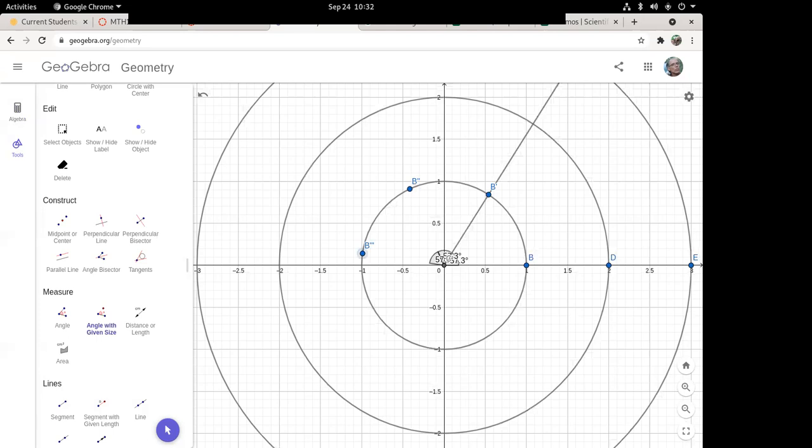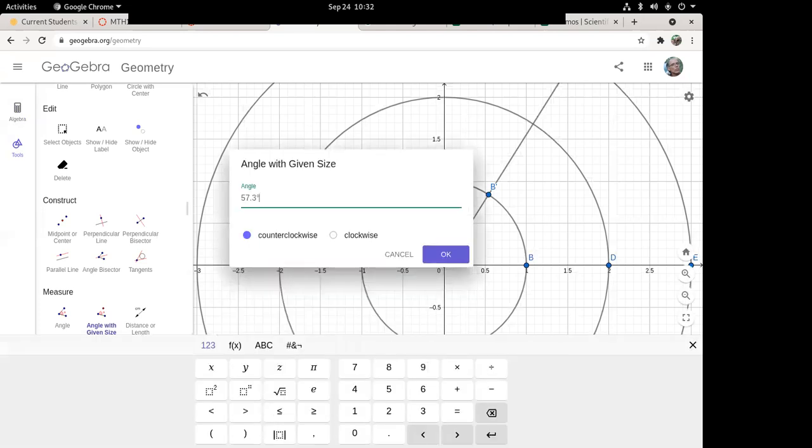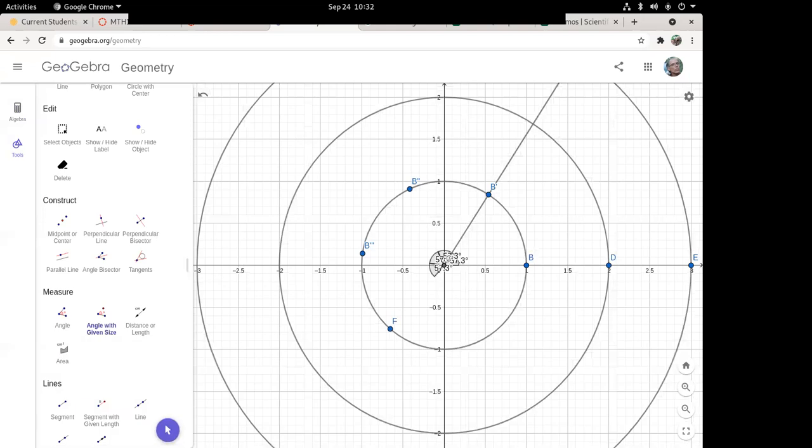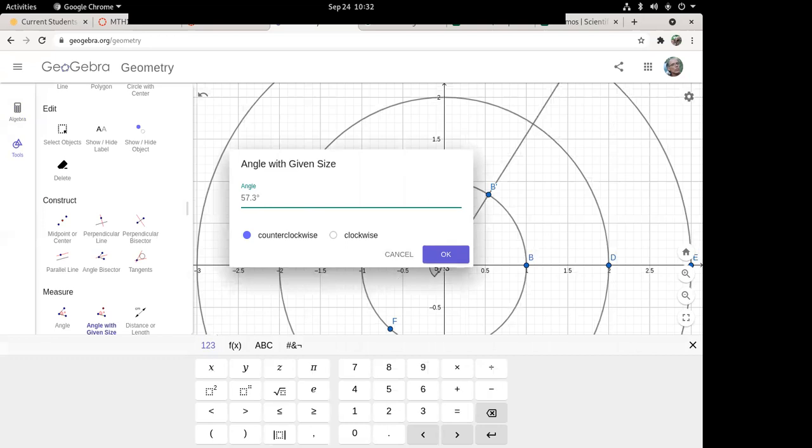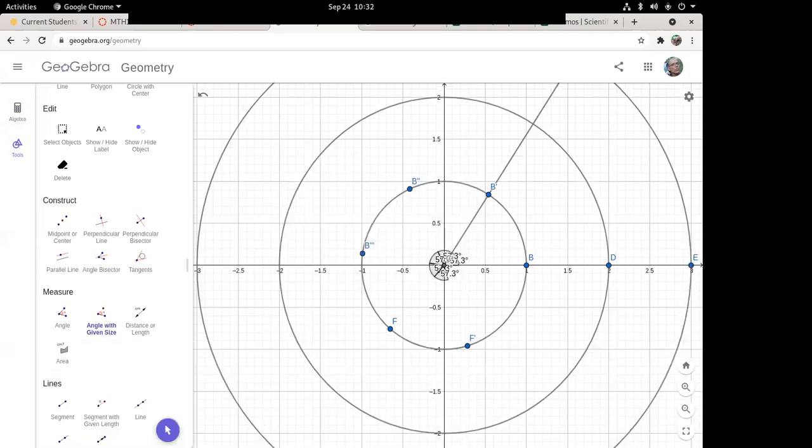I'm going to keep going. Yes, 57.3, which is about 1 radian, puts me here. And do it again. 57.3, which is about a radian. So there's 1, 2, 3, 4, 5 radians around. And let's just double check where 6 radians takes me. 6 radians takes me just a little bit before there.